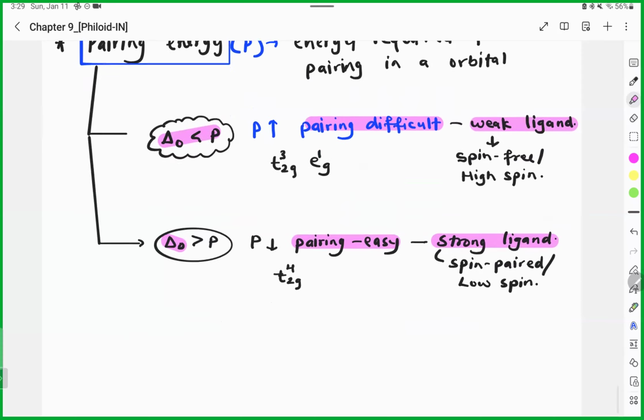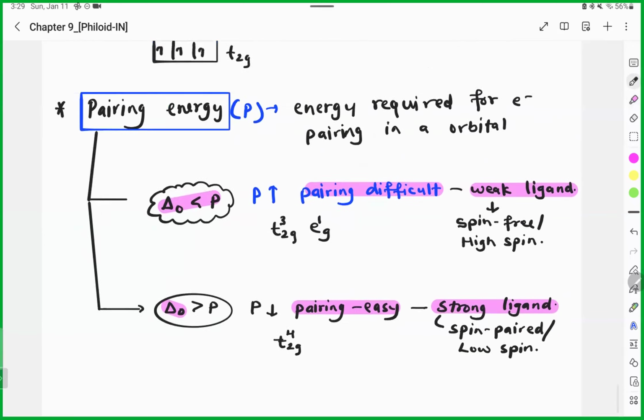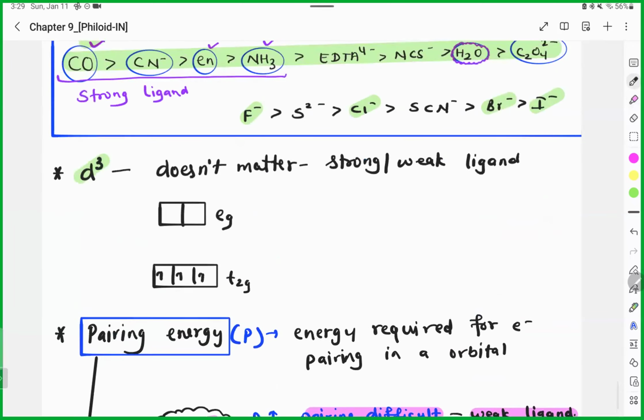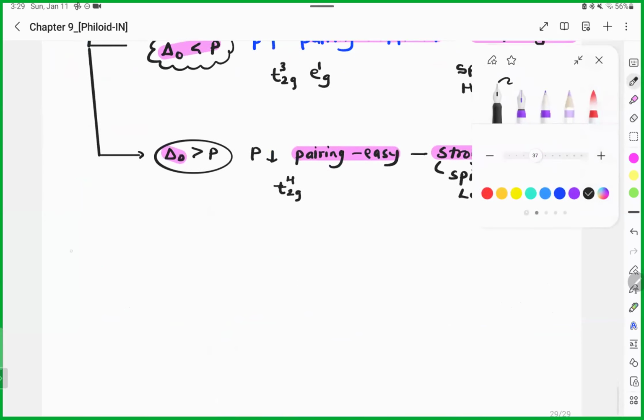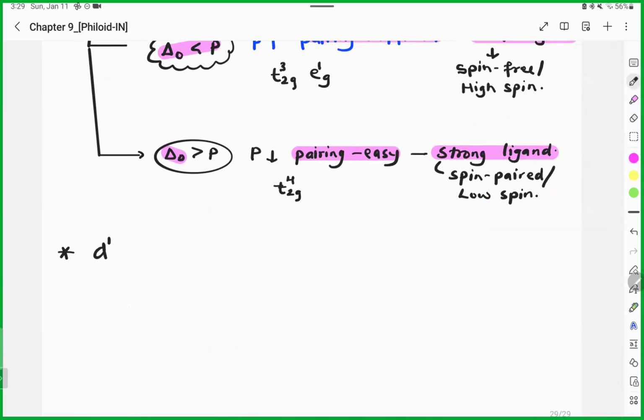That's why up to d3, as I mentioned before, it doesn't matter whether it is a strong ligand or a weak ligand, but from d4 to d7, you will see more impact of the field, whether you have a strong ligand or a weak ligand.